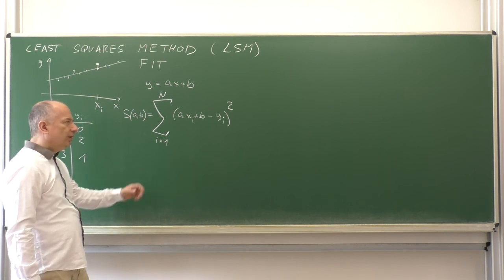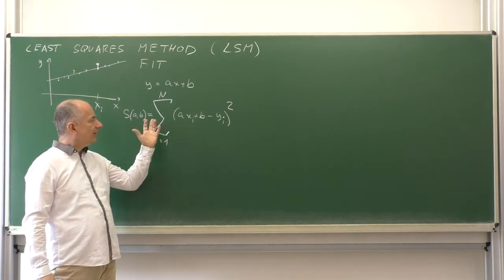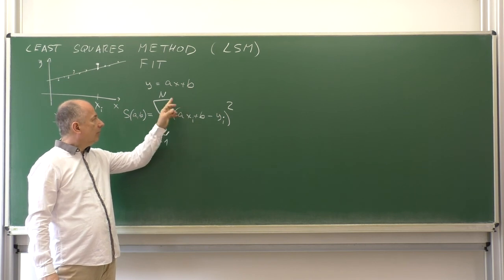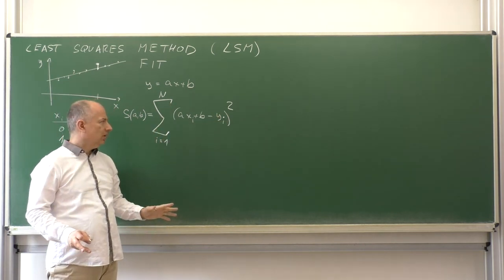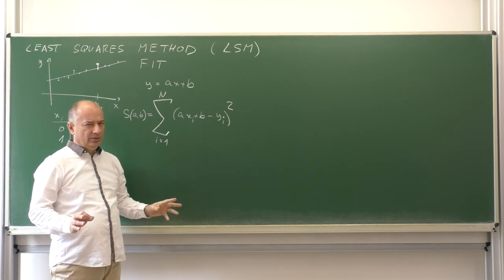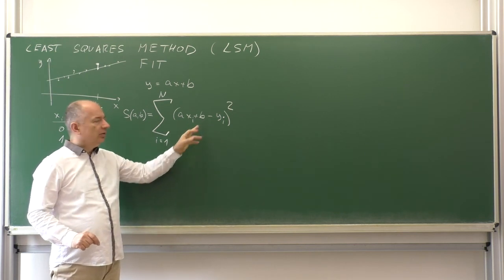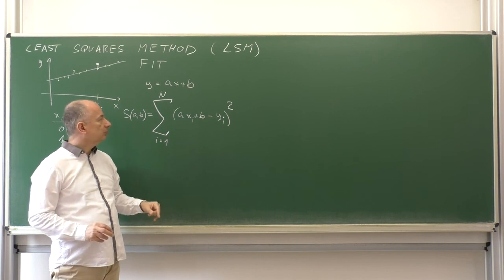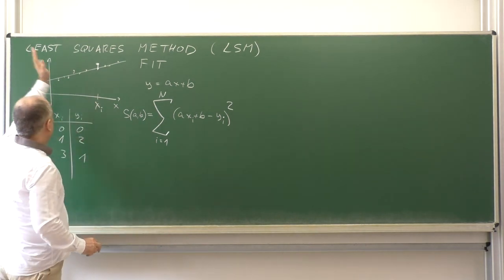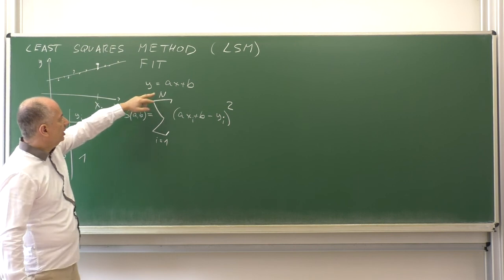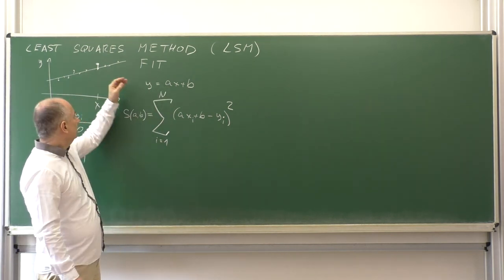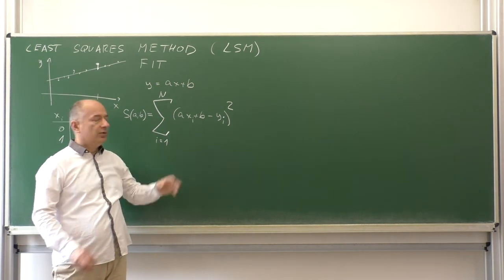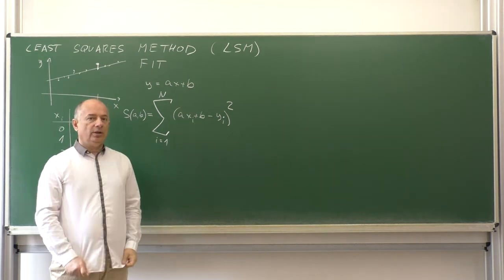It looks quite reasonable that some minimum may occur, because the squares will never be negative, only rarely 0, but most probably positive. If you go far away from the points, if you take some strange a or strange b, then the differences will be large, as large as you wish.